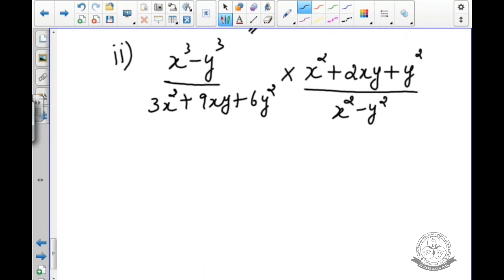So you all know the formula for x cube minus y cube, isn't it? If you want to expand this one, x cube minus y cube is equal to x minus y into x square plus xy plus y square.